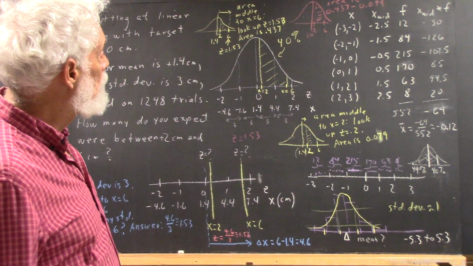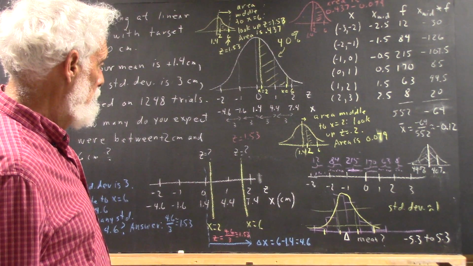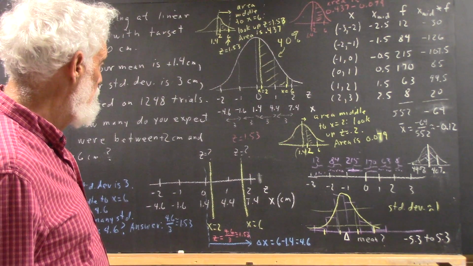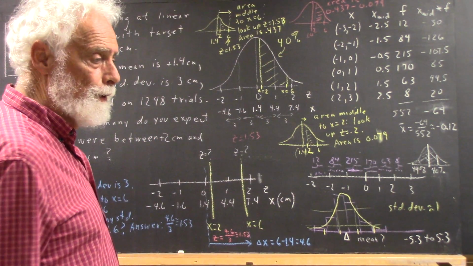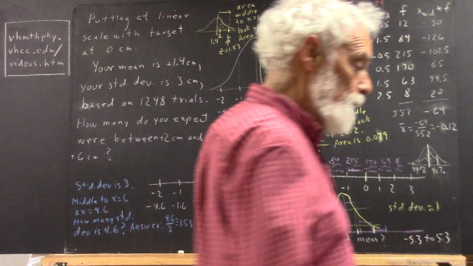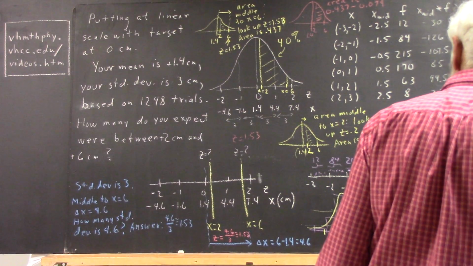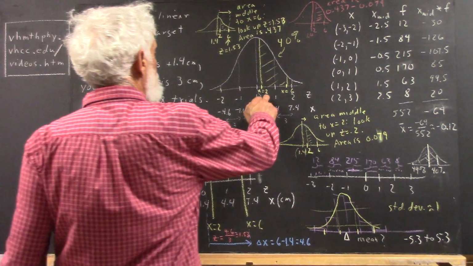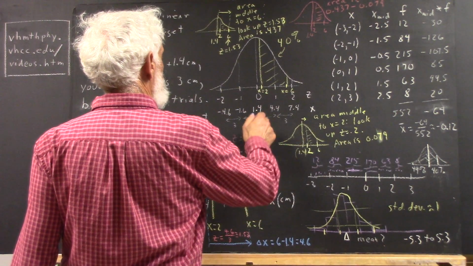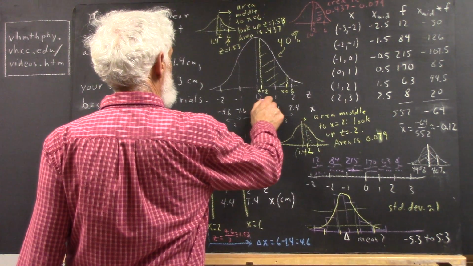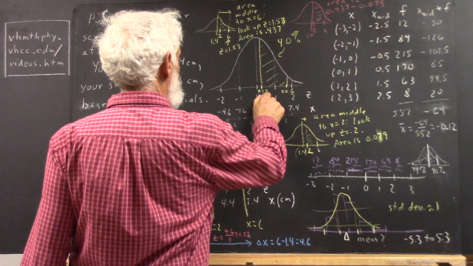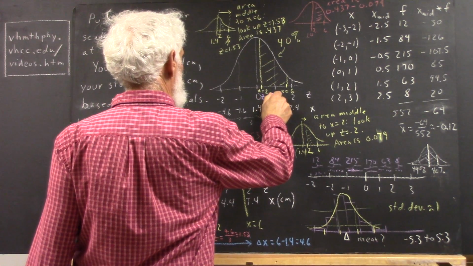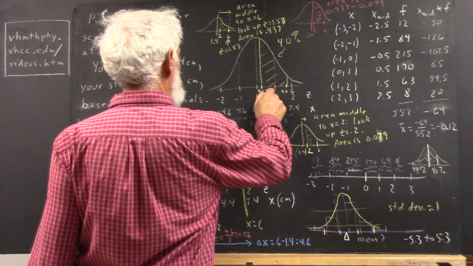Now I'm not sure I actually labeled that on the graph. I said what to look up, so it might be a good idea to go ahead and do a little labeling here. Okay, so x equals 2 occurs then at z equals 0.2.